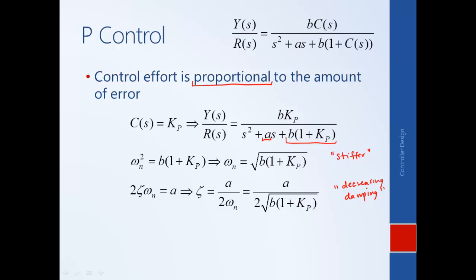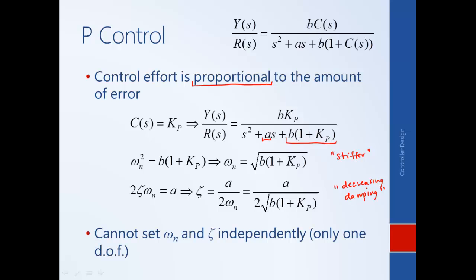So you can imagine that the system would fight harder, pushing in one direction really hard, then when the error changes sign, pushing really hard in the other direction, and it rattles back and forth. You can imagine that it may overshoot more, and maybe it'll oscillate with a higher frequency.